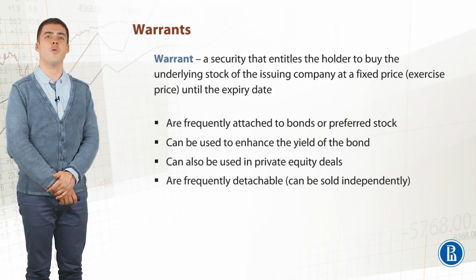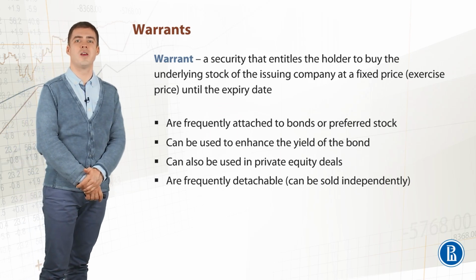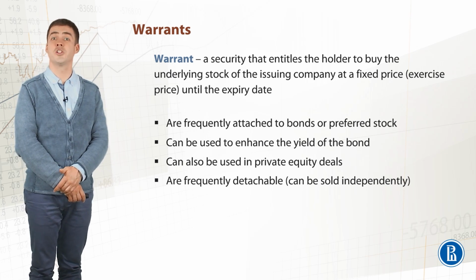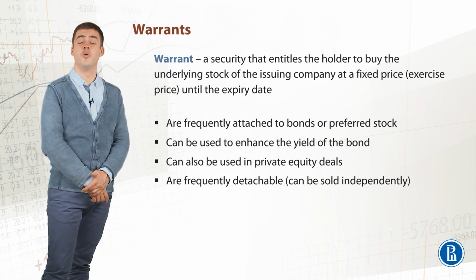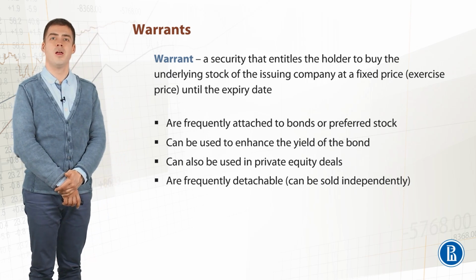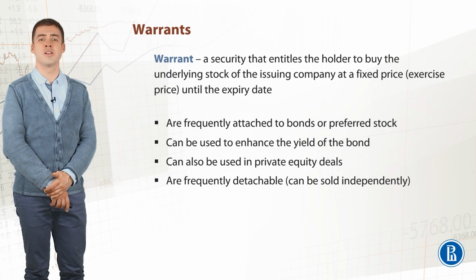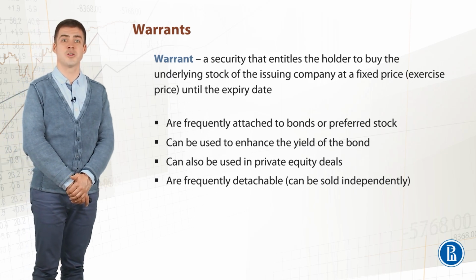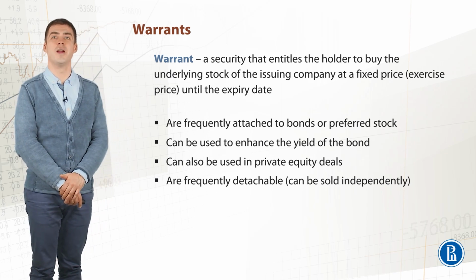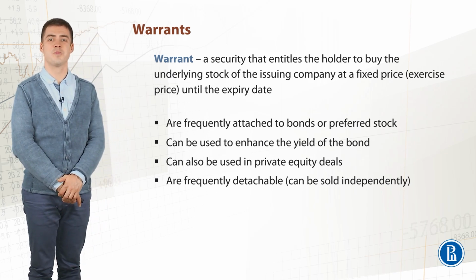In finance, a warrant is a security that entitles the holder to buy the underlying stock of the issuing company at a fixed price, which is called exercise price, until the expiry date. Warrants are frequently attached to bonds or preferred stocks as a sweetener, allowing the issuer to pay lower interest rates or dividends.